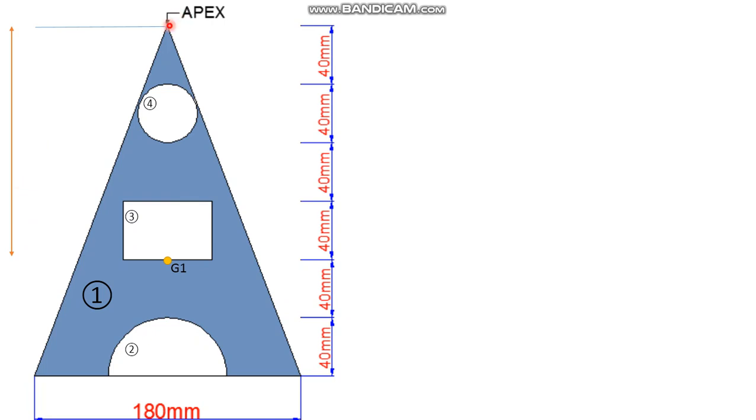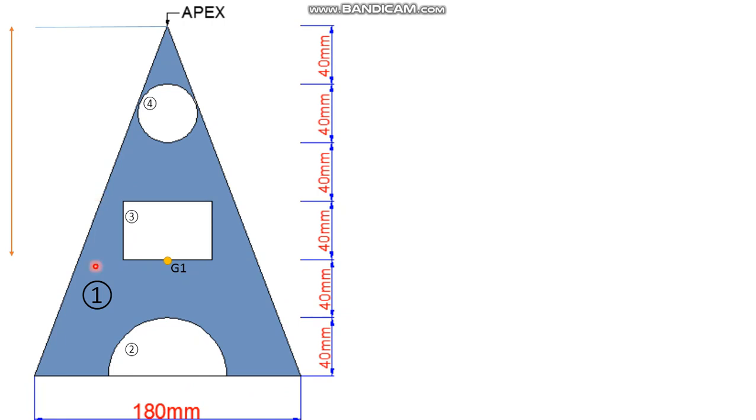Since you are measuring y in the vertical downward direction, you take all the values y1, y2, y3, y4 as negative. If you take all positive, no problem, but you should not consider one negative and one positive. Let g1 be the centroid of the triangular portion.